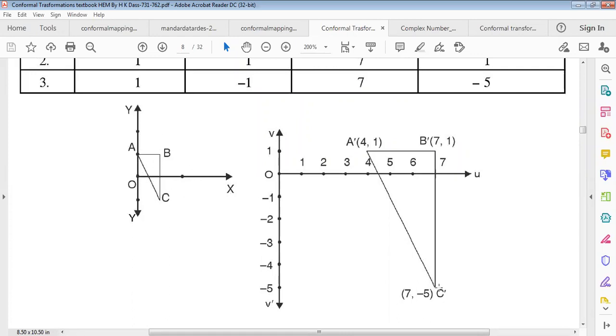So we get a new triangle A dash, B dash, C dash in the W plane. Remember it: in the Z plane, this is the real object, and this is the image of this object. It is magnified, and also rotated.